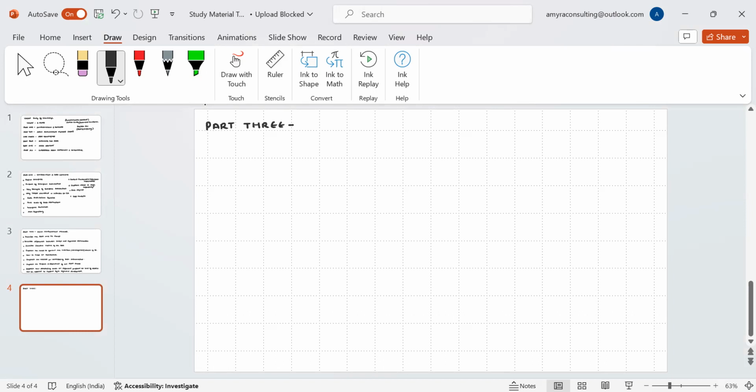What is part three? Part three is ADM techniques.